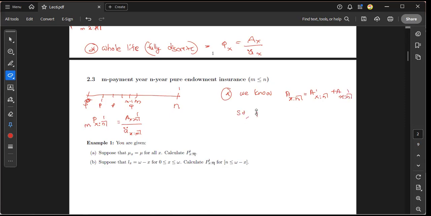So for the premium of a pure endowment scheme where premiums are only paid for M years, we can replace it by the premium of a term life with M payments plus the premium for a pure endowment with M payments. So this is similar to this notation.